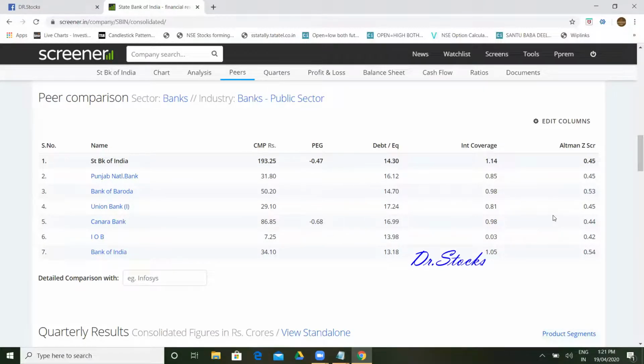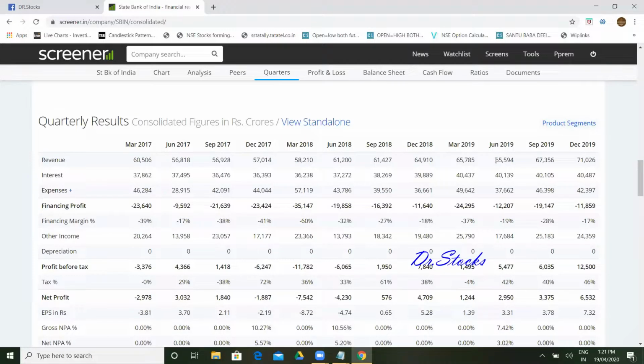The government is giving some money to these banks, and that will give some good grip to these companies. For example, the best bet here at this moment would be State Bank of India, because it has the highest interest coverage ratio. When you check the financials, the financing profit is completely gone.